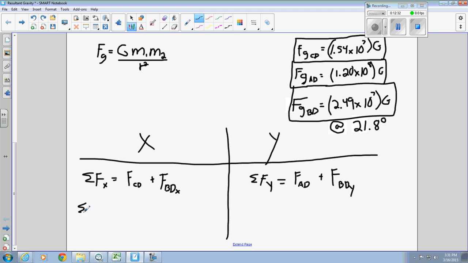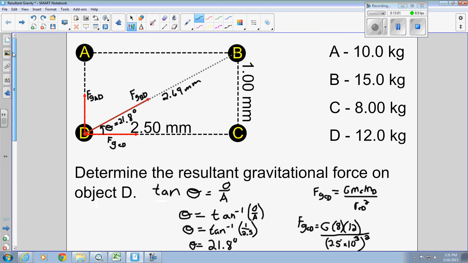So the net force in the x direction, C, D, and this is the resultant force in the x direction. We've got that, plus whatever the force between B and D is, times the cosine of its angle.